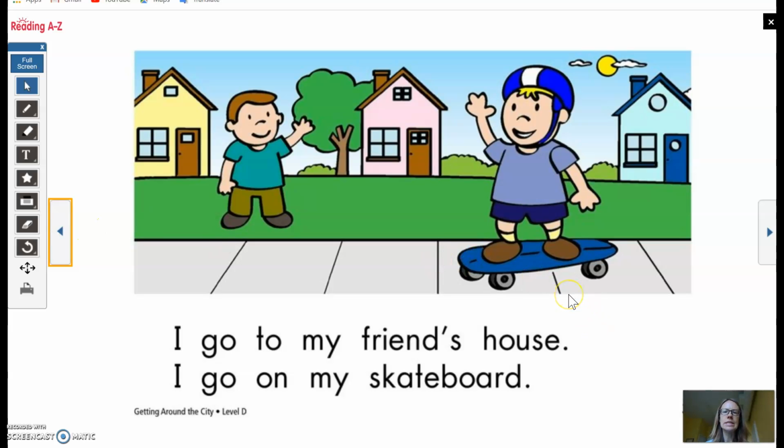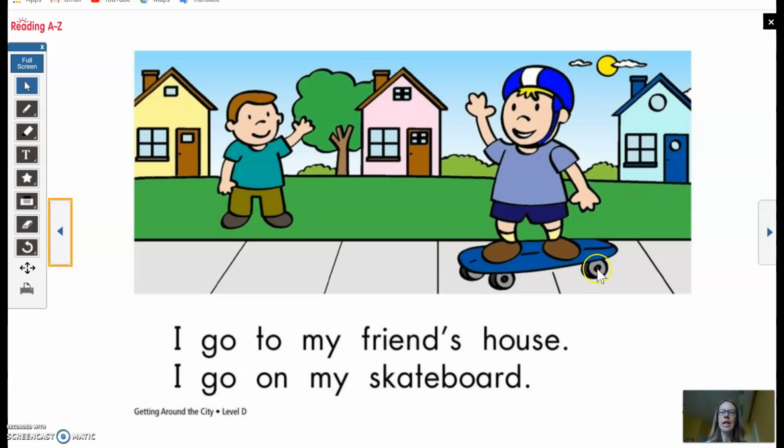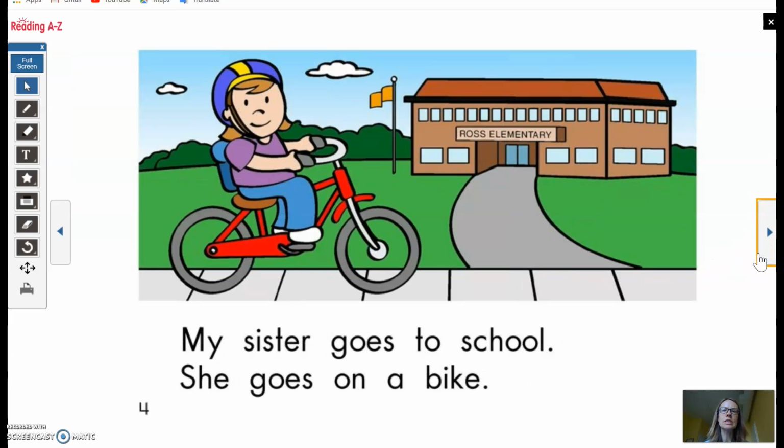How are the skateboard and the bicycle the same? You can say the skateboard and the bicycle are the same because. I could say the skateboard and the bicycle are the same because they both have wheels.